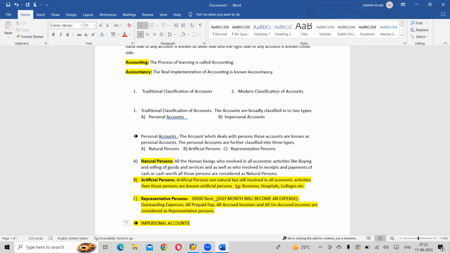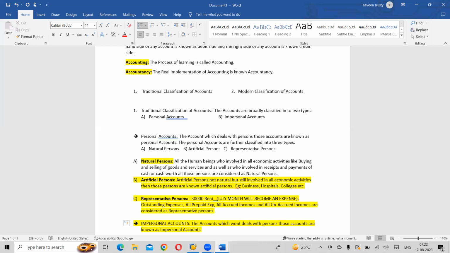Impersonal accounts: the accounts which don't deal with persons, those accounts are known as impersonal accounts. The accounts which don't deal with persons, those accounts are impersonal accounts.